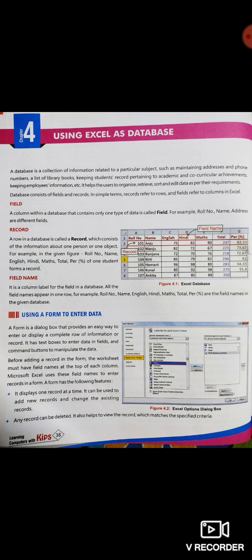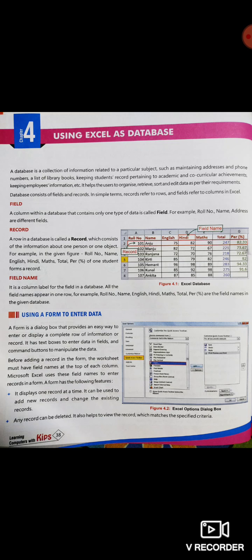Okay, so how does it function? A form has text boxes to enter data in fields and common buttons to manipulate those data. So how does a form work? It provides text boxes to enter data and some different buttons. The buttons can manipulate the data that we enter. Okay, so this is how a form functions.